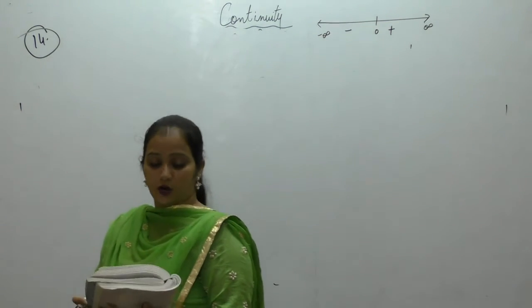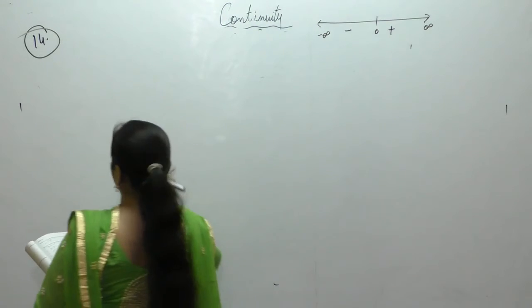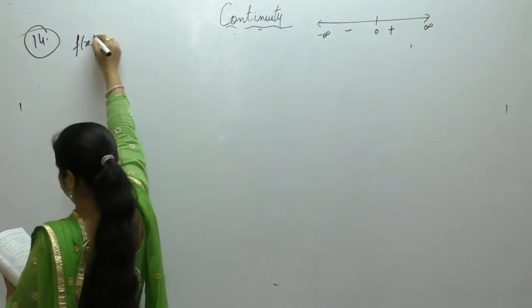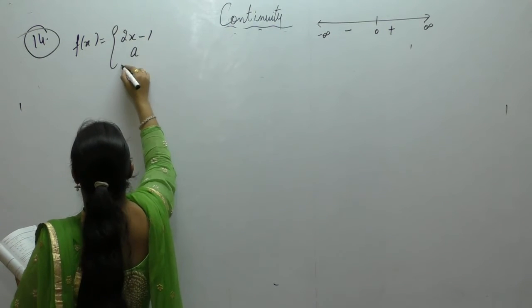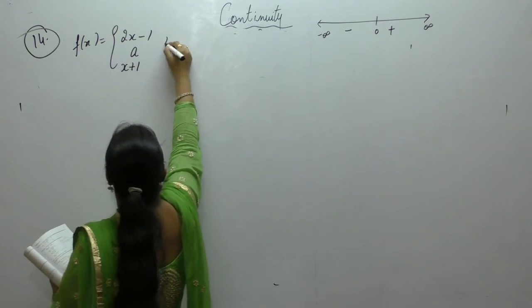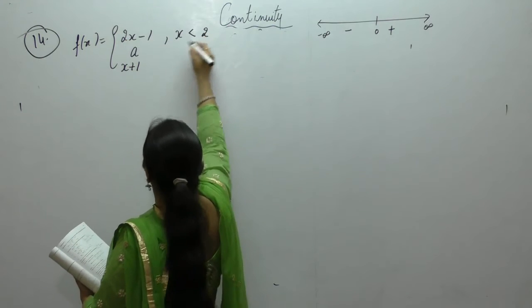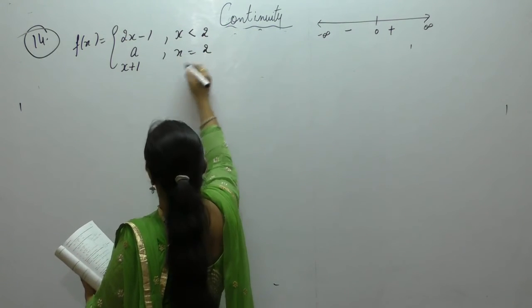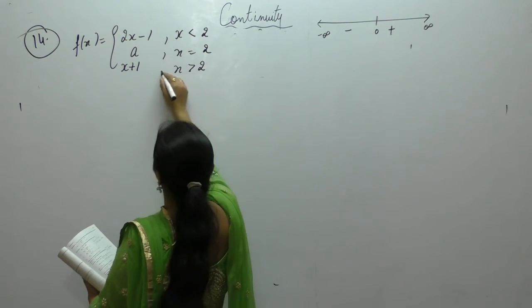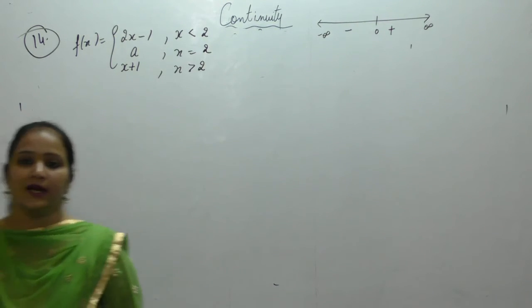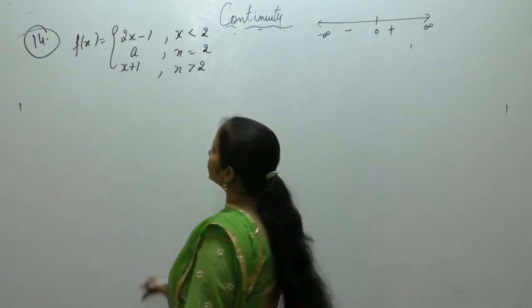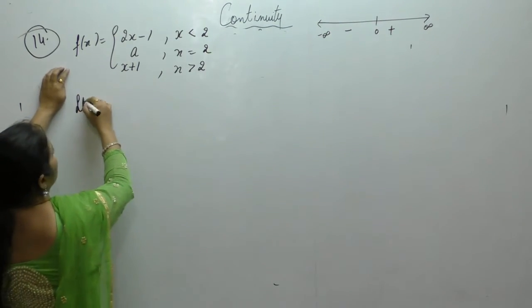Find the value of a if the function f of x defined as 2x minus 1 when x is less than 2, a when x is equals to 2, x plus 1 when x is greater than 2, is continuous at x equals 2.